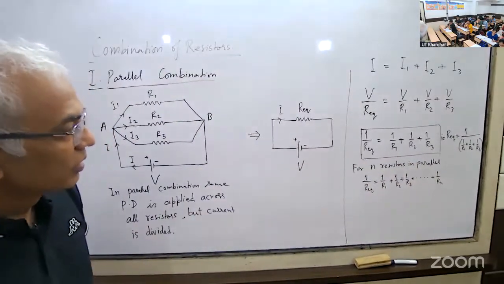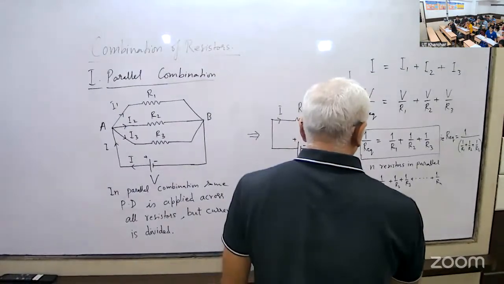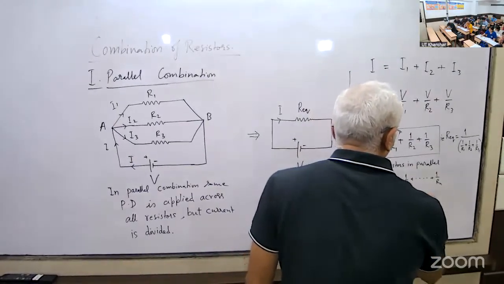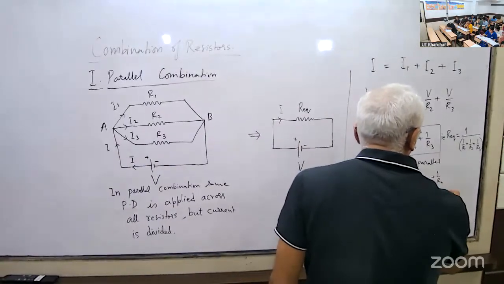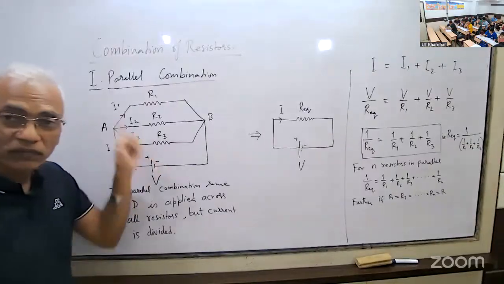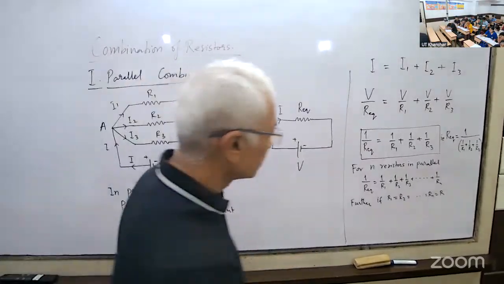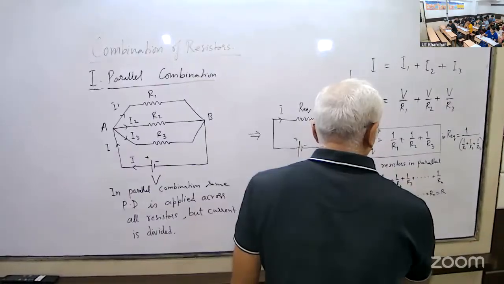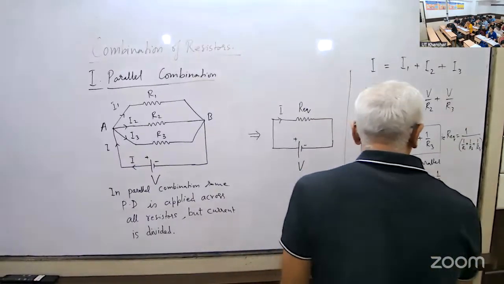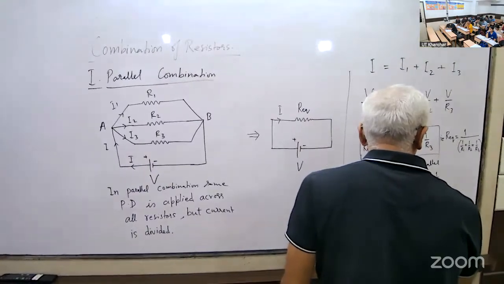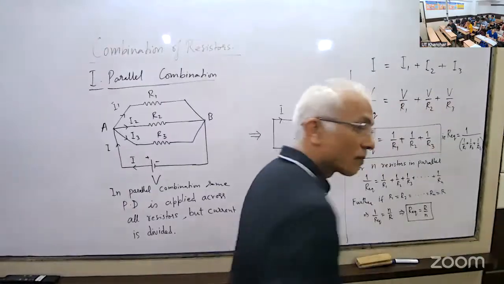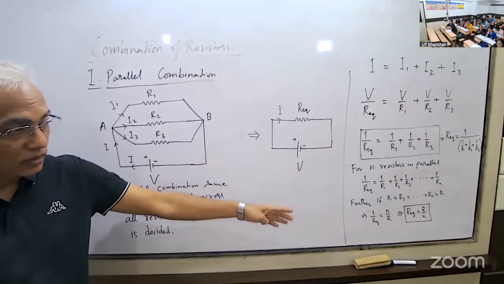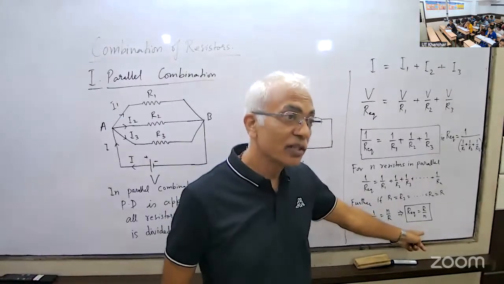Now here again, if R1 is equal to R2 equal to Rn equal to R, let us say, all the resistors are of same value in parallel, then what will it be? 1 by R equivalent will be n by R. So if same resistors are connected in parallel, the total resistance of the circuit actually decreases.